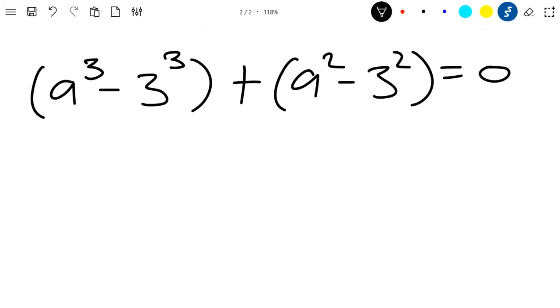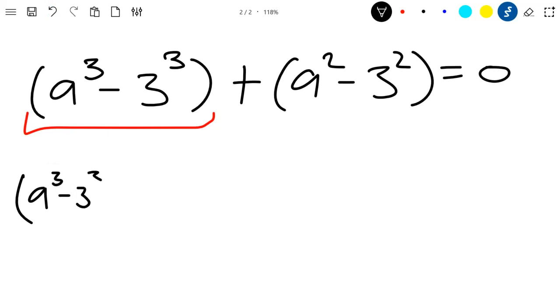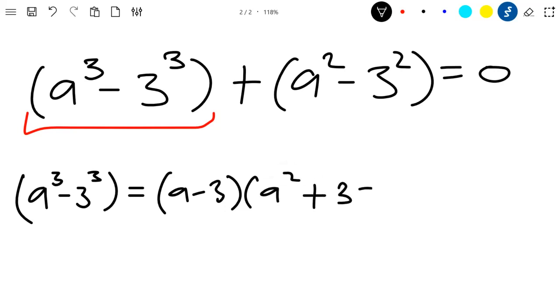We also need to see that this first one, a^3 - 3^3, is in fact equal to (a - 3) times (a^2 + 3a + 9).